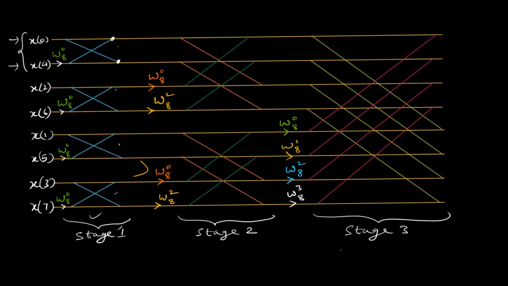To have this value, we'll put 1 here and multiply this with -1. The values on the horizontal axis will get multiplied, and the values on the diagonal lines will get added up at these nodes. So here we get x0 plus, this x4 will get multiplied with this twiddle factor.